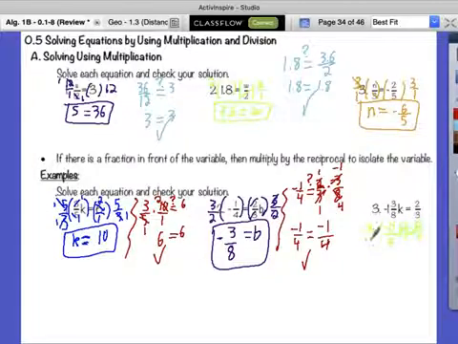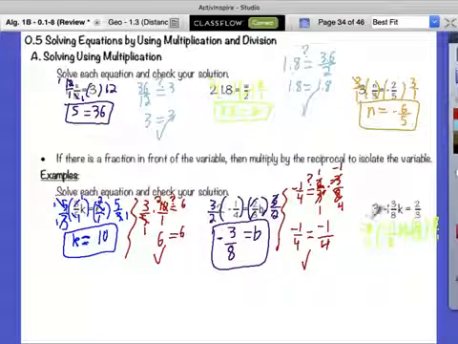It still needs to be negative. So this negative 8 and this 8 will simplify. Negative 1 and positive 1. 11 and negative 11 will simplify to negative 1 and positive 1. What's a negative 1 times a negative 1? Positive. So we're just left with k equals 2 over 3 times negative 8 over 11.